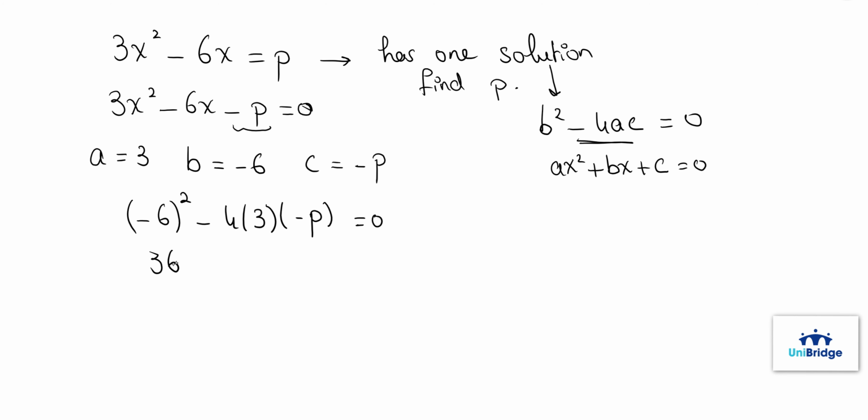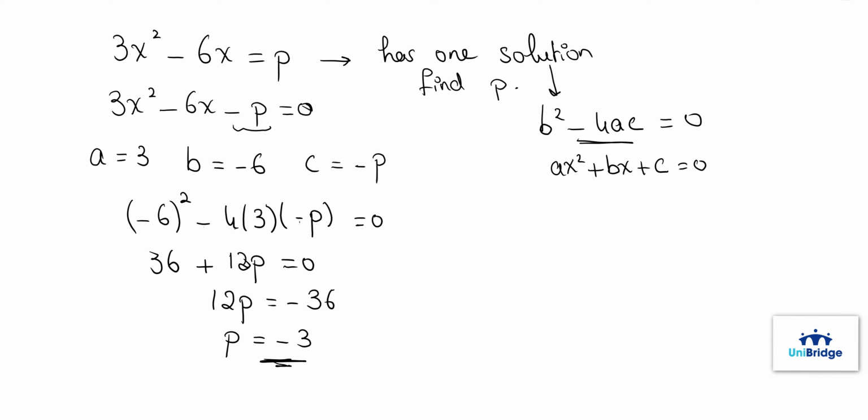So this is going to be 36, negative times negative is positive, 4 times 3 is 12, and 12p equals 0. So 12p is going to be equal to negative 36, so p is going to be negative 3. That's the value of p that will make this equation have one solution.